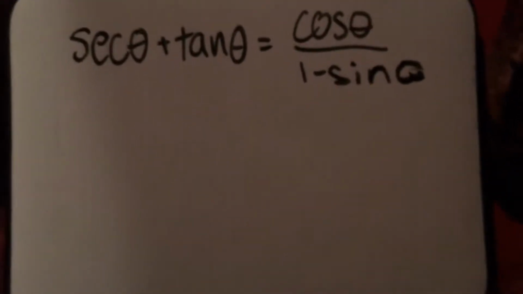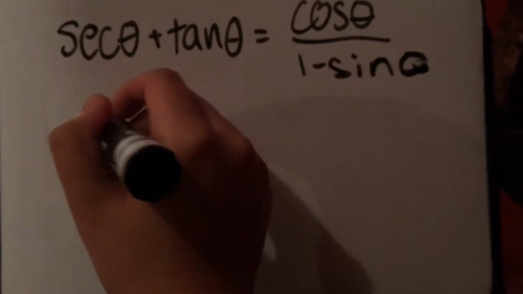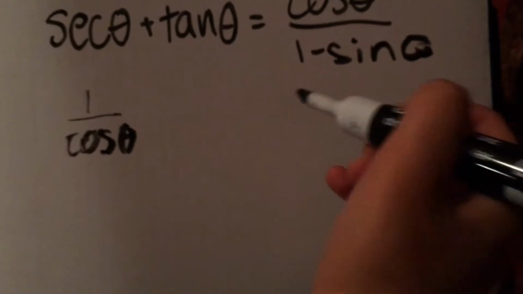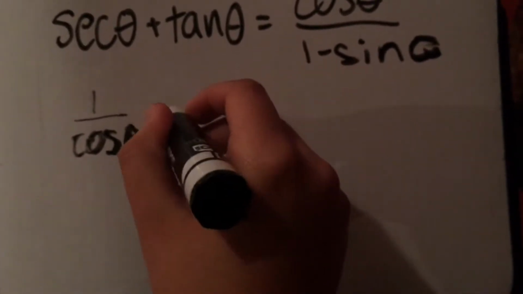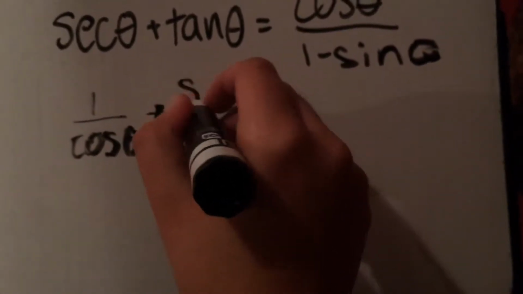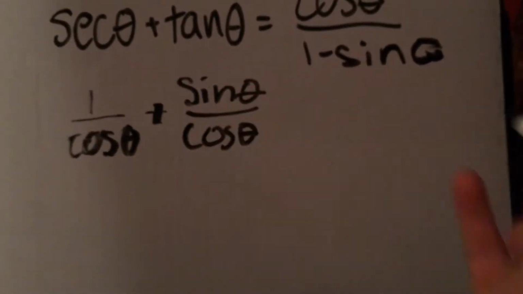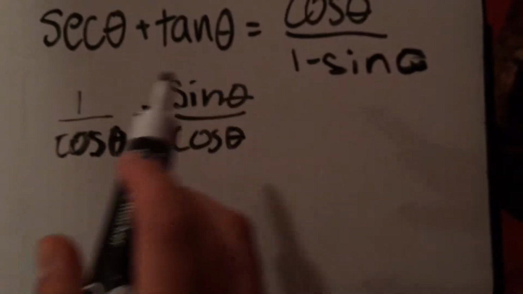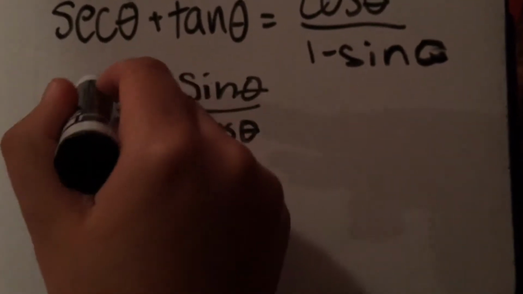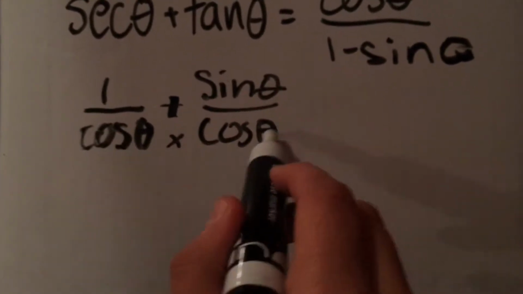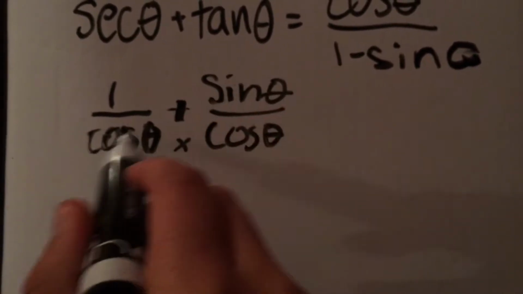As we all know, secant is 1 over cosine theta, whilst tangent can also be seen as sine theta over cosine theta. Since now they are fractions and they're added together, you would normally multiply the denominators and cross multiply.